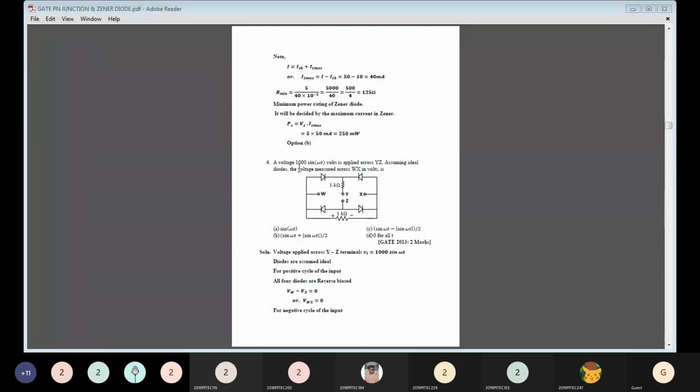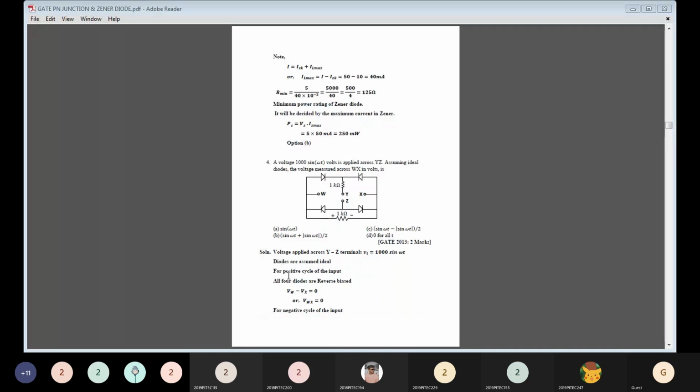Next. A voltage 1000 sin omega t volt is applied across the YZ terminal. Assuming ideal diodes, find the voltage measured across WX in volts. So the voltage applied across the Y minus Z terminal, V1, is equal to 1000 sin omega t. Diodes are assumed ideal here.